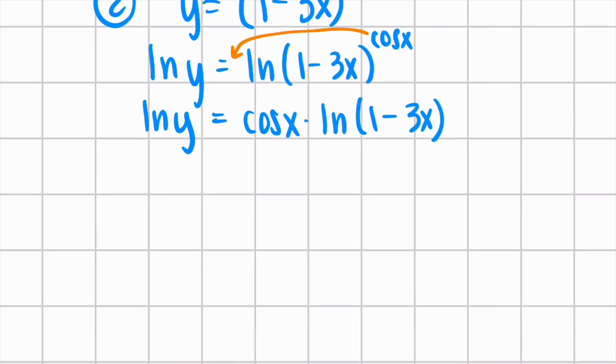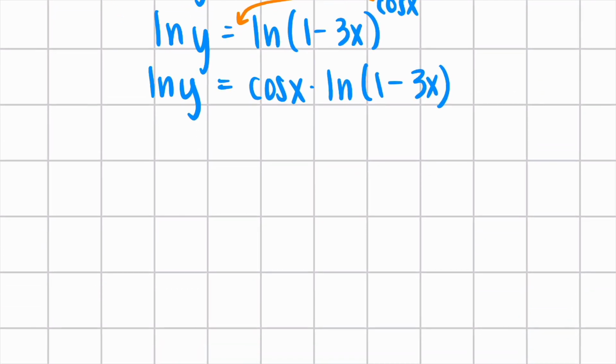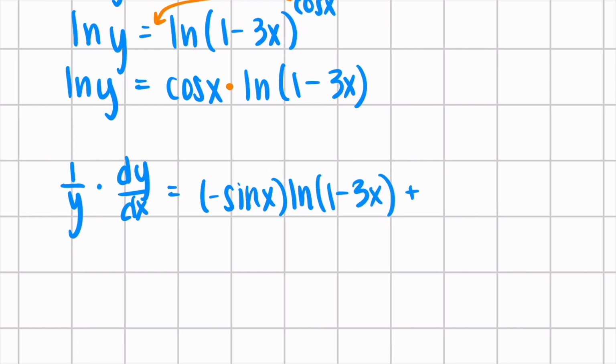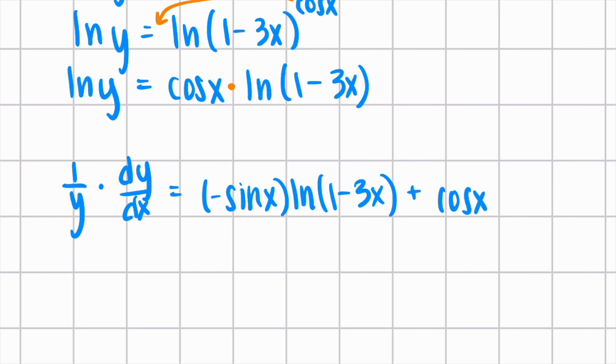Now I'm going to take the derivative of both sides with respect to x. On the left side, derivative of natural log of y is 1 over y times dy dx. On the right side, I have another product rule. So I'm going to start by taking the derivative of cosine, that's negative sine of x. I'm going to leave my natural log of 1 minus 3x plus leave the cosine of x.